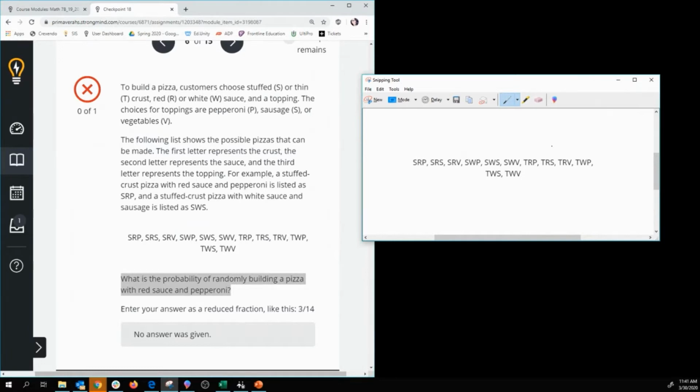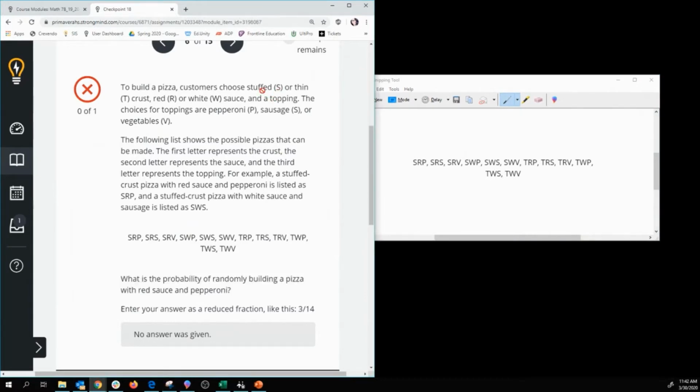Alrighty. So for this problem, because it uses the word and in between them, that means my pizza has to have red sauce and pepperoni. It must have both because of the word and in between them. If I look at what these letters represent, the very first one represents the type of crust.